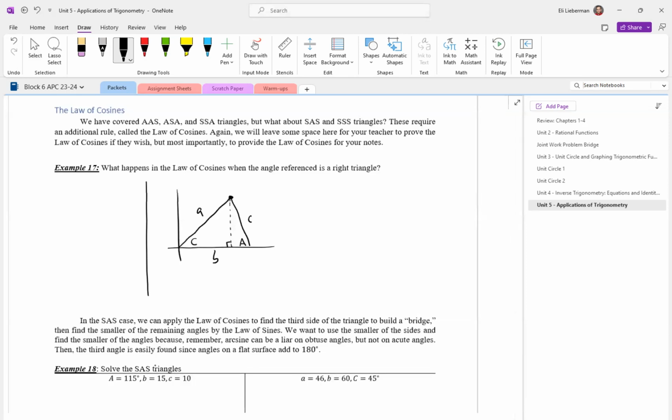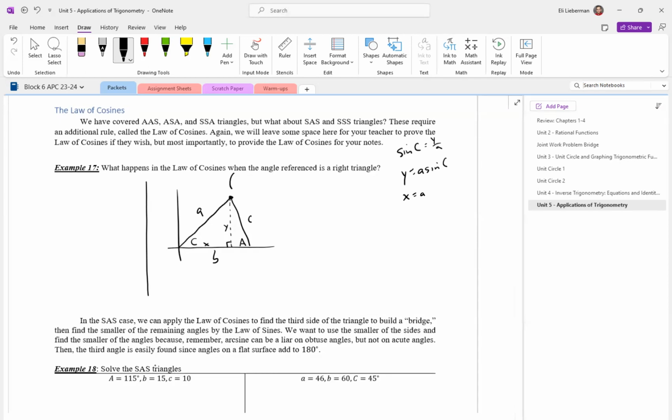Any idea what the coordinates for the point at the top of the altitude might be? Let's mark this side of the triangle here, X and Y. I need an expression for X, in terms of A, B, and C. For angle C, sine of C is equal to Y over A. So Y is equal to A sine of C. If I want the X value, it'd be A cosine.